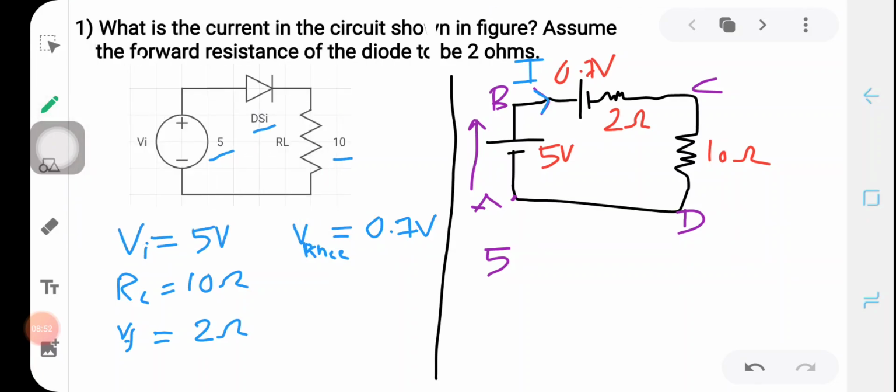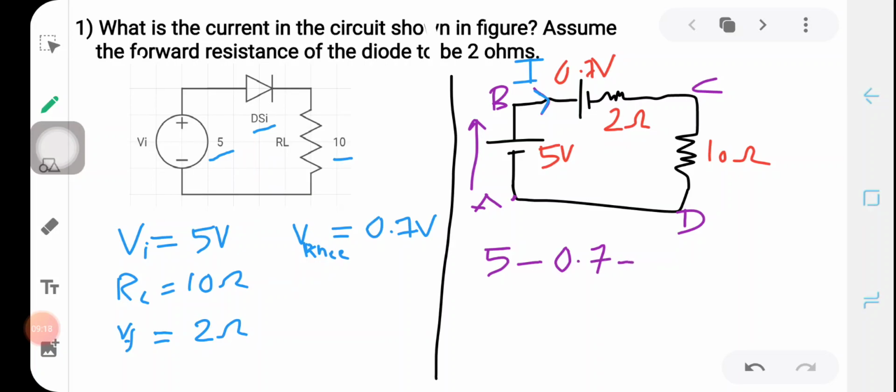When we are going from B to C, first we encounter this 0.7 volt, where we are going from the positive terminal to the negative terminal, from higher potential to lower potential. That means we are suffering a drop in potential, which is represented by a minus sign, so minus 0.7.